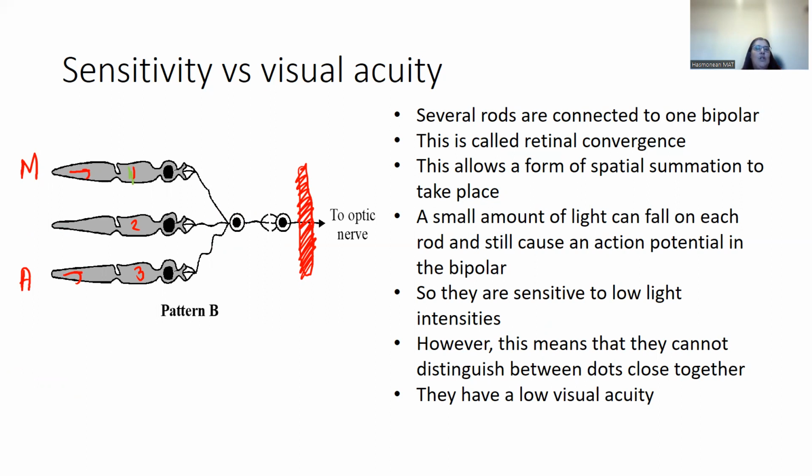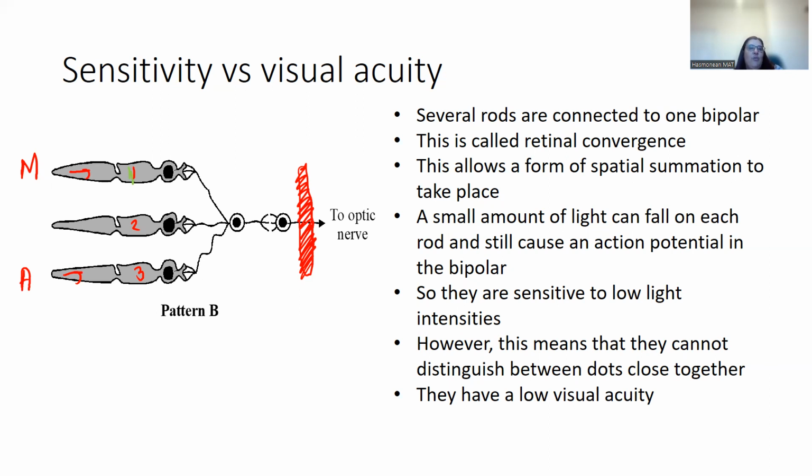A really common question is to explain why rods have a low sensitivity to light. In other words, they can sense low light intensities, but why that has a knock-on effect on visual acuity. So rods can detect low light intensities because of the retinal convergence, which means a small light intensity on each rod causes an action potential in the bipolar.